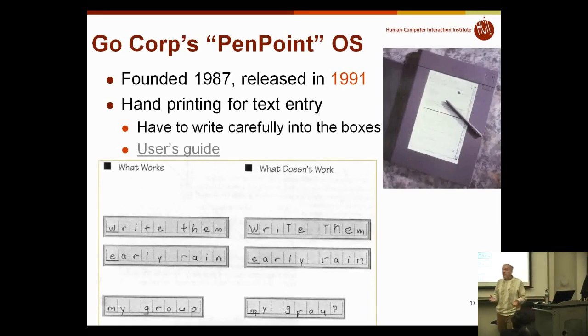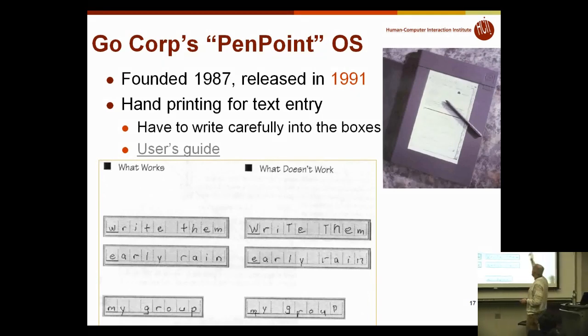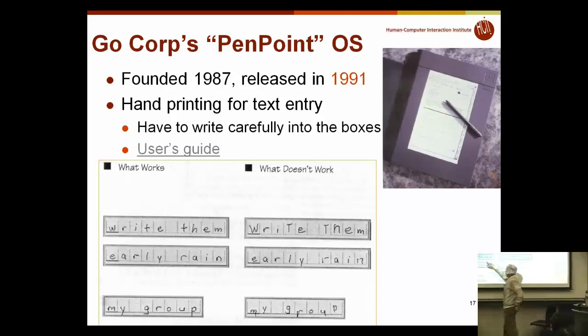If you remember, there was this whole excitement about tablet computers and pen-based computers in the late 80s, early 90s, and one of them was PenPoint. And if you look in the manual, you'll see that they teach you how to handwrite letters accurately so that it can recognize them.